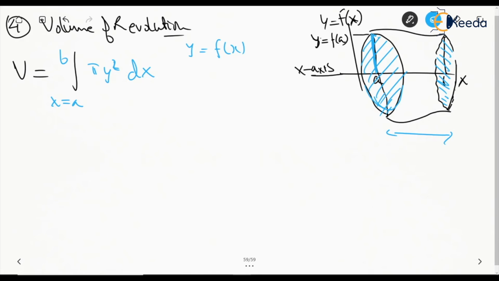Similarly, we can also find the surface area, or we'll say area of surface of revolution. How to find this? Of course, we can take a disk.